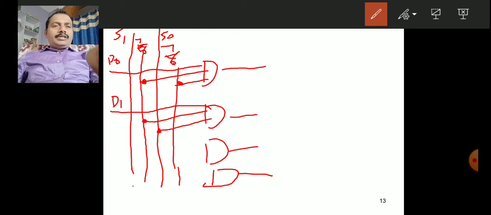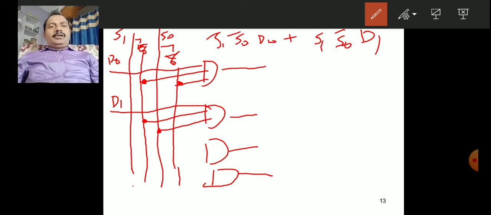You see the terms. The first minterm is S1 bar, S0 bar, D0. The second minterm is S1 bar, S0, D1. Like that. Third minterm. Let us take the third minterm.